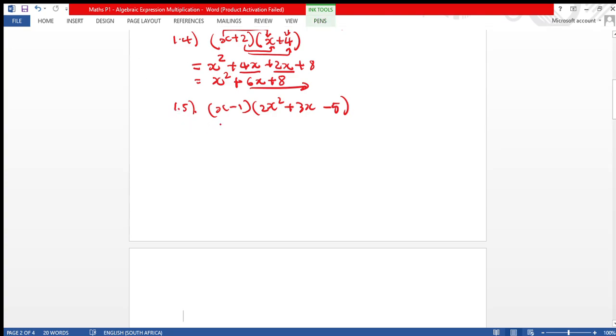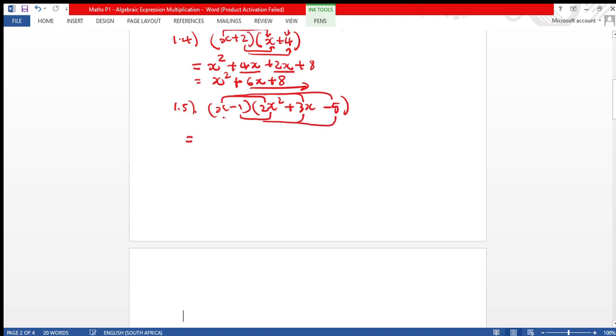Okay, so basically you're going to multiply x times the first term of the second bracket, and then x times the middle term, then times the final term. Then you're going to come back to minus 1 times 2x squared, minus 1 times the middle term, and then the final term.